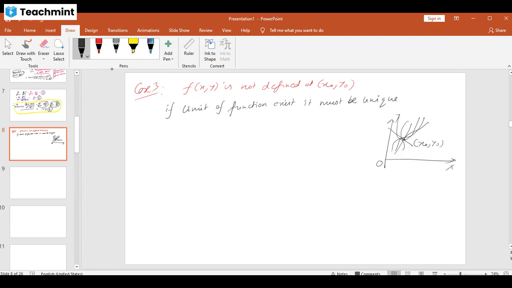So if the limit is different along a different path, then the limit of the function does not exist. If the limit depends upon the path, then the limit of the function does not exist.